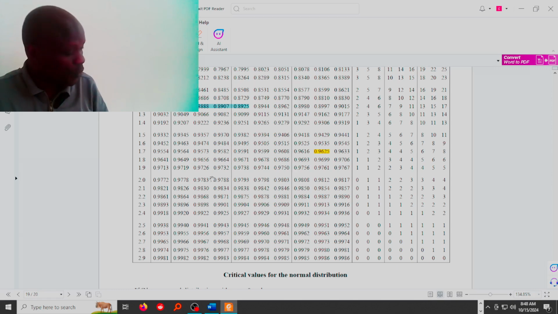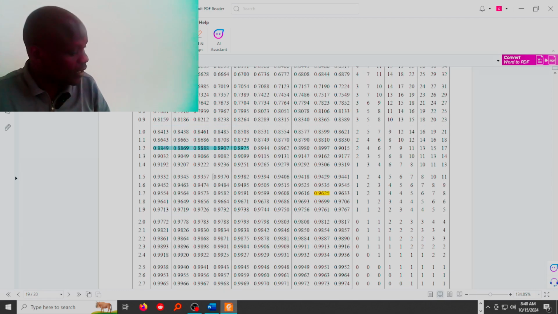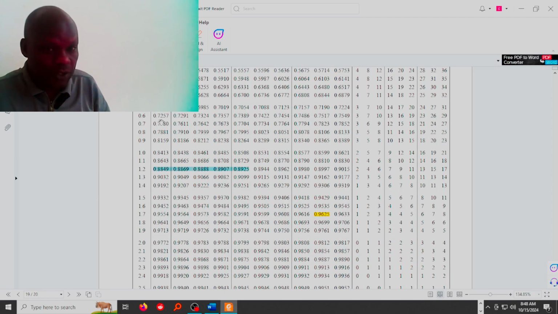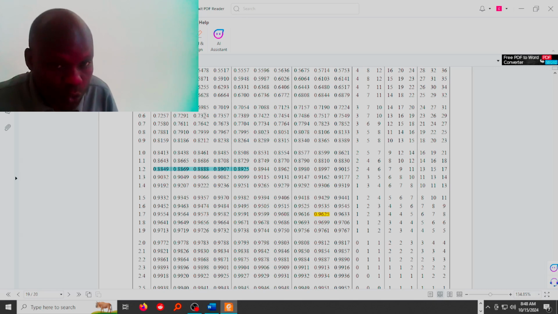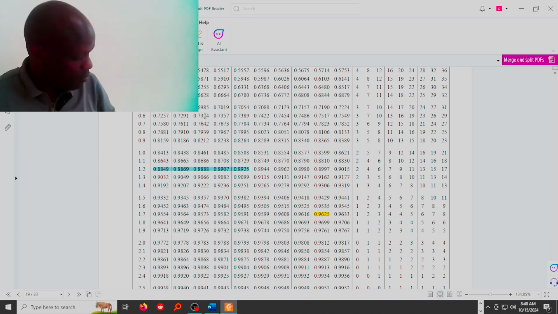Then when we get to 0.625, again this is negative, then we come here, 0.62 would be here. Then 5, you check, 5 is 16, you add that here. The same thing that we did, you subtract the value that you get from 1.